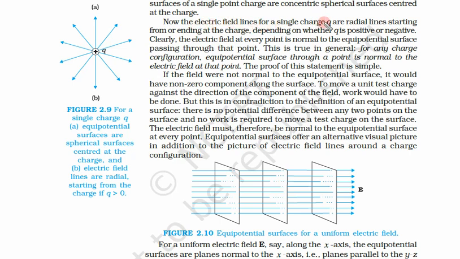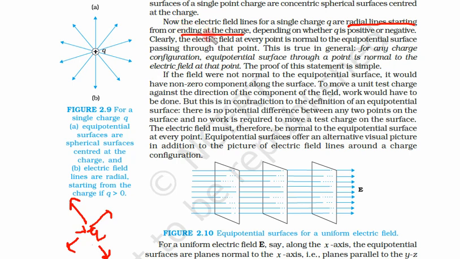Electric field lines for a single charge q are radial lines starting from and ending at the charge. So what is this saying? You also know that electric field lines, whether it is a positive charge, will start from this charge and go in all directions.